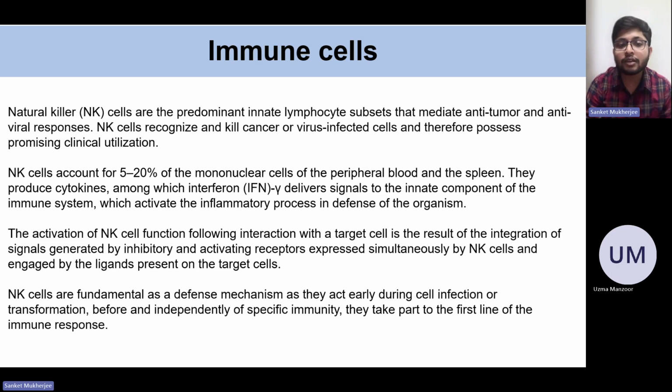Natural killer cells account for 5 to 20% of the mononuclear cells in the peripheral blood and spleen. They produce cytokines along with interferons, among which interferon gamma delivers signal to the innate component of the immune system, which activates the inflammatory process in the defense of the organism.